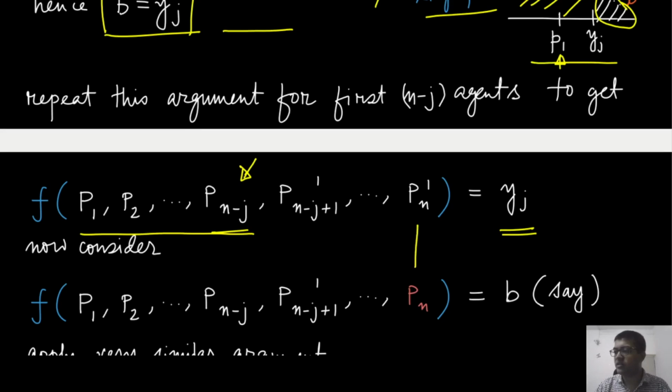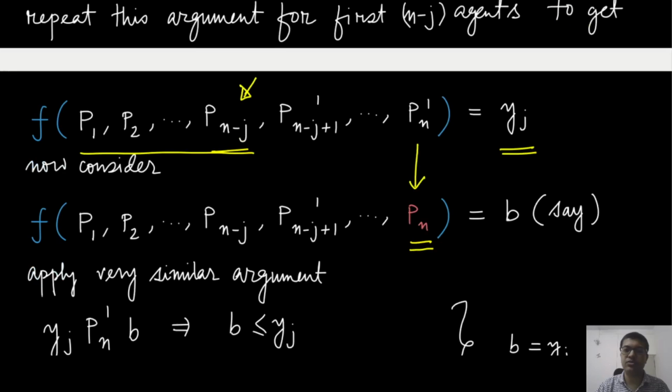Now here we are doing it from the right hand side. For player n, let us assume that the preference changes from pn1, which is the peak on the rightmost side, to pn, which is the actual preference for player n. Let's say again this outcome could be potentially different.